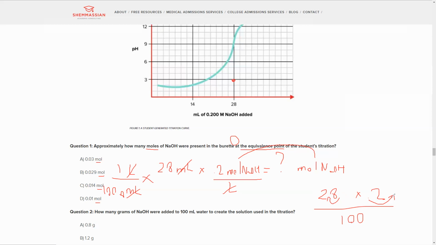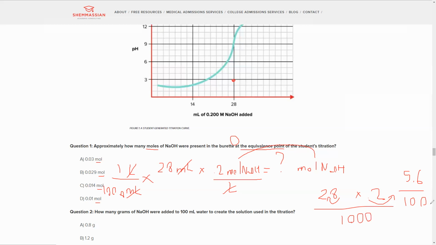Now I have 2.8 times 2, and 2.8 is easy to multiply. 2.8 times 2 is going to give me 5.6 over 100. Sorry, not 100, 1,000.